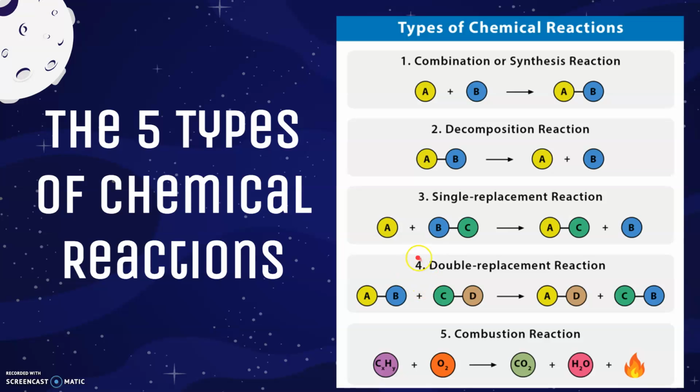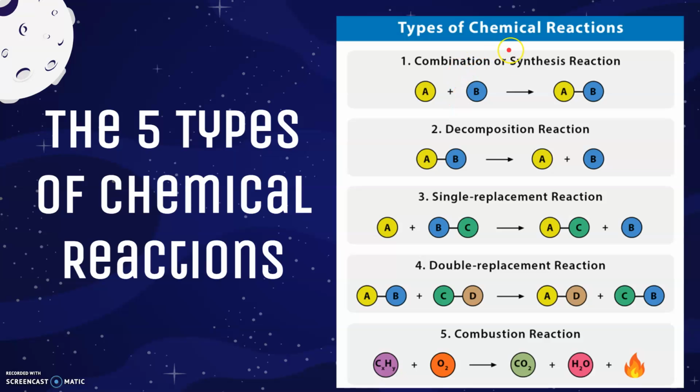The variation is usually right here on number 4. So sometimes your instructor might call this a neutralization or an acid-base reaction, and that's just going to be a slight variation on this. Same concept, just a little bit more specific. So these are the 5 we're going to look at.